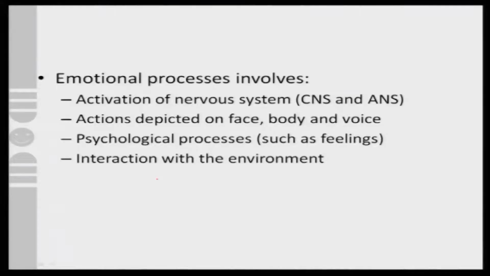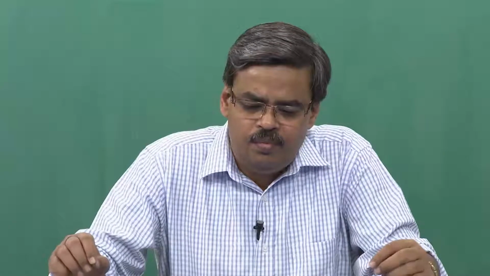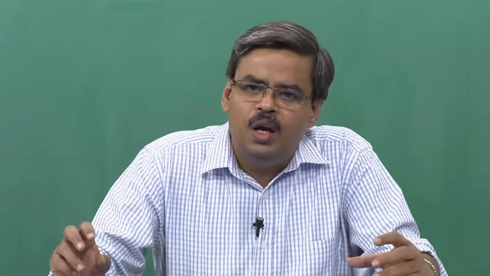Now, emotional processes largely involve 4 things. First, activation of the nervous system. When we say activation of the nervous system, it could be activation of the central nervous system as well as the autonomic nervous system. Say for instance, you watch a movie and when you see the hero chasing the villain, you realize that the sequence you see on the screen actually changes your heartbeat.